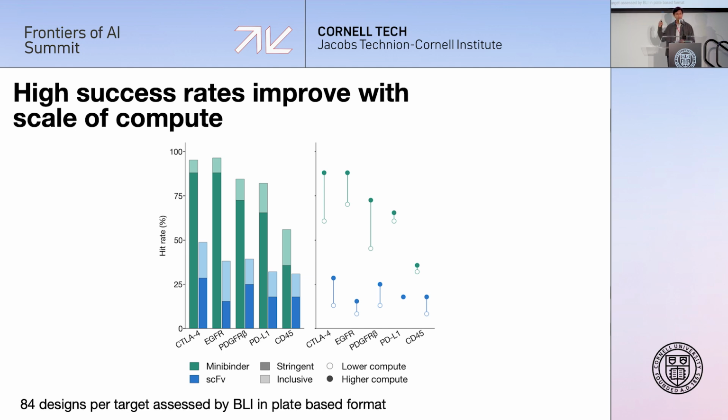Then the filled in circles above each line show what happens when we use more compute to generate more possible candidate binders, and then also take each binder and rank it using orthogonal versions of ESM2, basically as reward models to predict how likely this is to be a real binder. And the more reward models you use and the more candidates that you generate, the more likely the final ones that you select will translate into hits in the lab. So this gives us a path towards scaling digital compute to yield increased performance in the physical world.